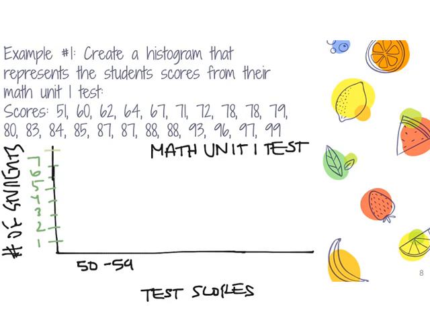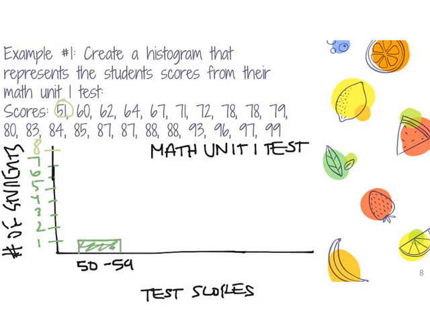I was counting from 50 to 59, and there's actually only one number, 51, between 50 and 59. So I'm going to just bring up my histogram to there.